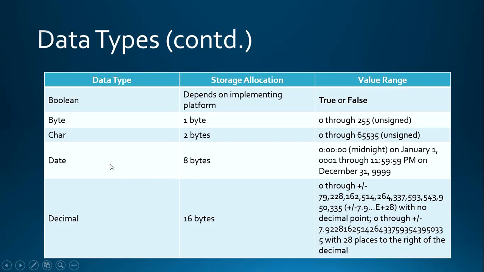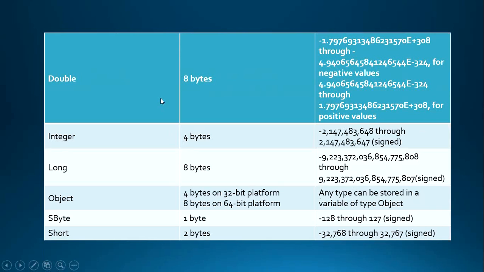Similarly, you have the date data type which holds 8 bytes and has this range, and the decimal data type which has 16 bytes with this range. Next we have the double data type with 8 bytes taking up this range.